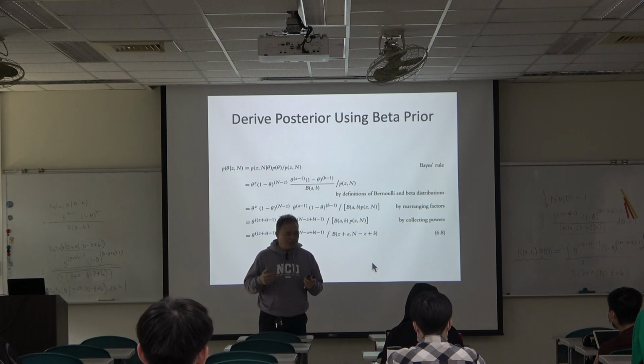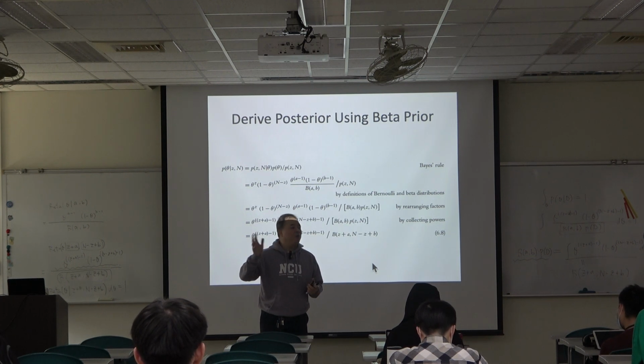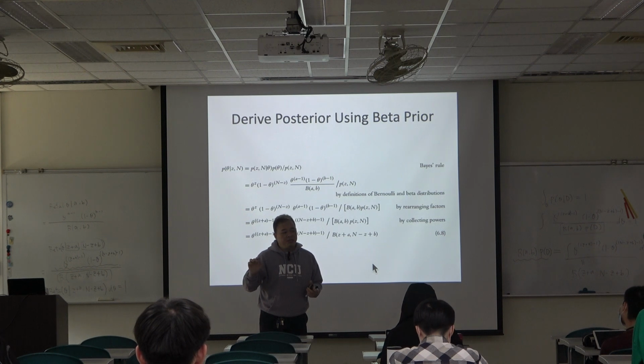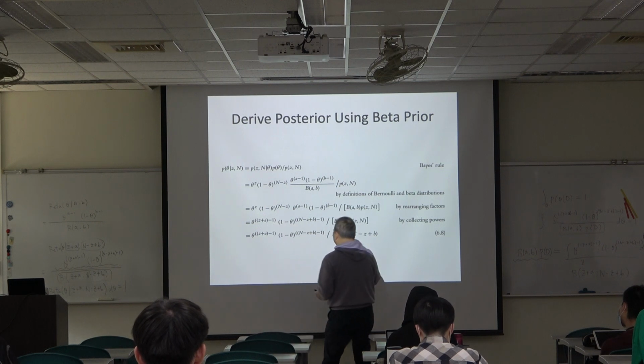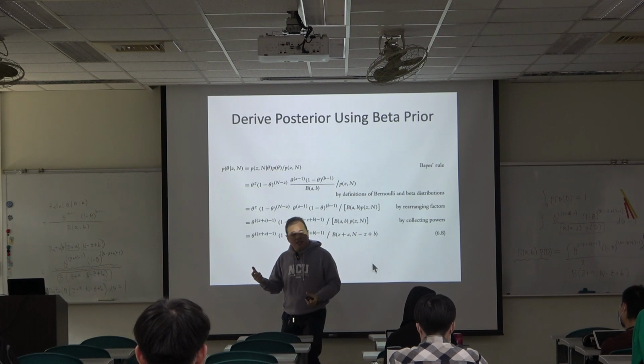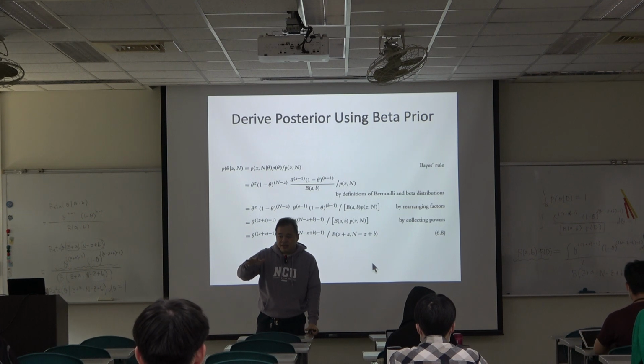We can consider our prior like that, and set up the beta distribution for our prior. Remember? And now the data you obtained has a number of heads and N minus Z number of tails, right?